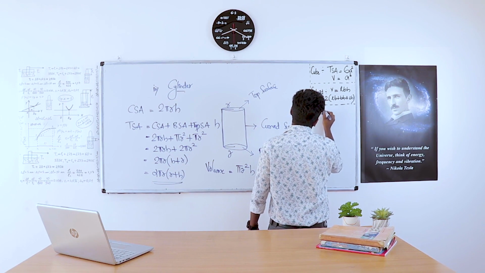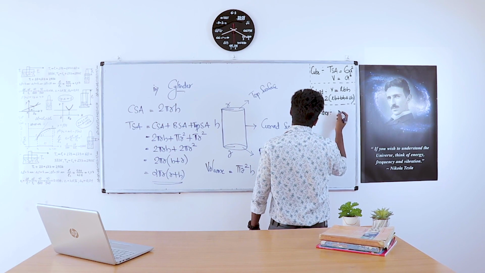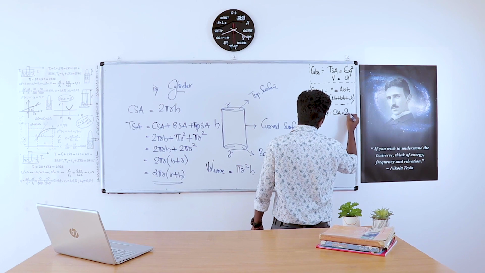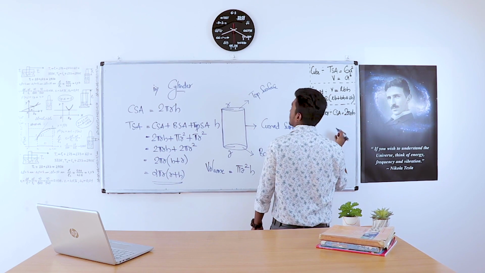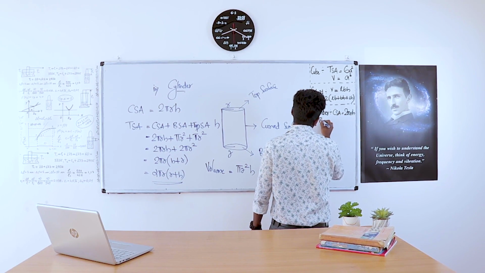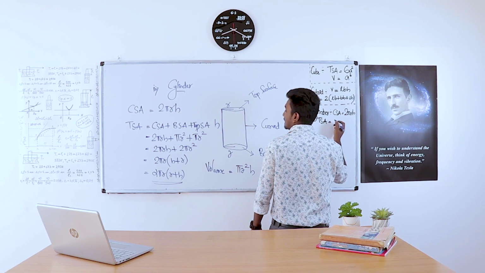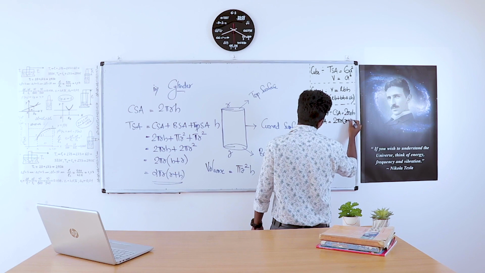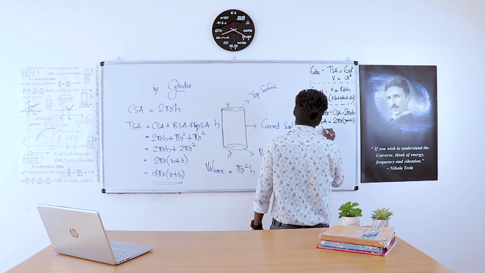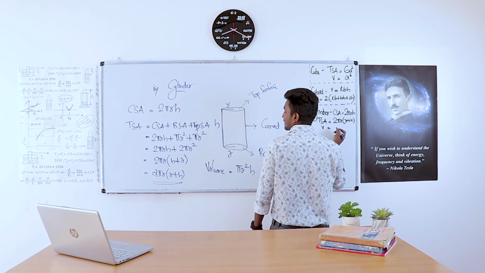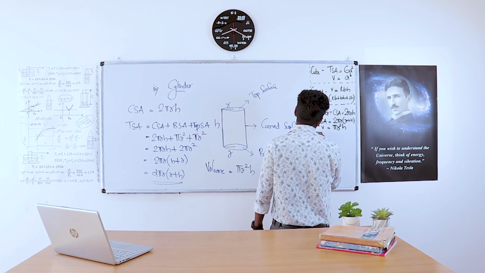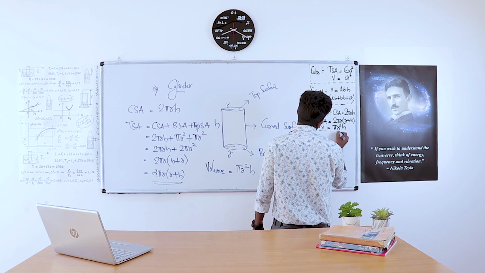For cylinder, CSA is equal to 2 pi rh. Then TSA, total surface area, is equal to 2 pi r into r plus h. Then volume is equal to pi r square h.